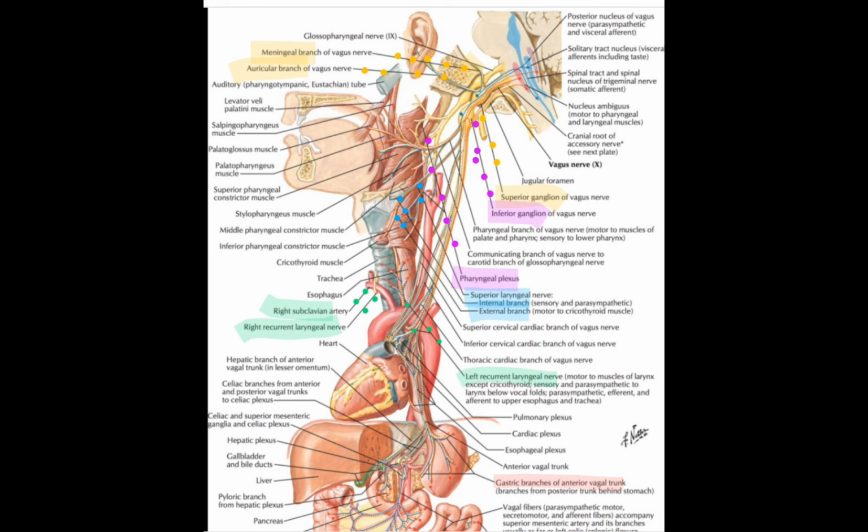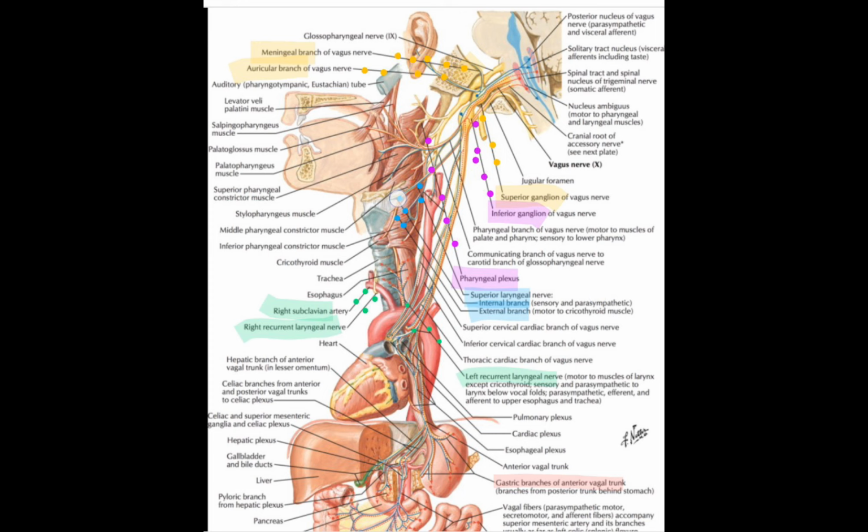Then after these branches, we have two main nerves left, that is the superior laryngeal and the recurrent laryngeal. First is the superior laryngeal. The superior laryngeal is further divided into internal branch and external branch. The internal branch is sensory and parasympathetic.